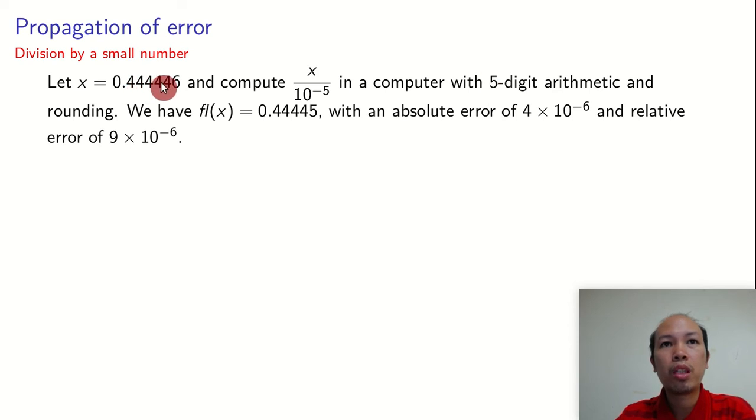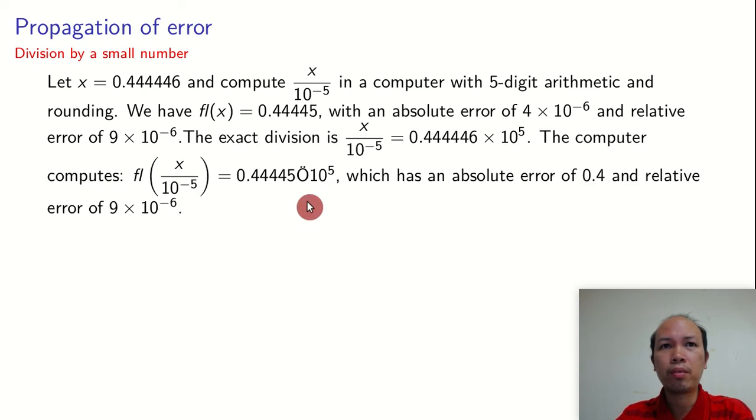So 1, 2, 3, 4, 5, and d sub k plus 1 is greater than 5, so we add 1 to 4, so this becomes 5. If we compute the absolute error, we have 4 times 10 to the negative 6, and the relative error, you can compute it at home, 9 times 10 to the negative 6.